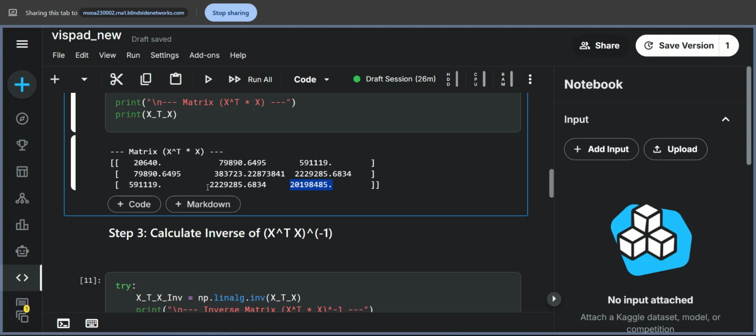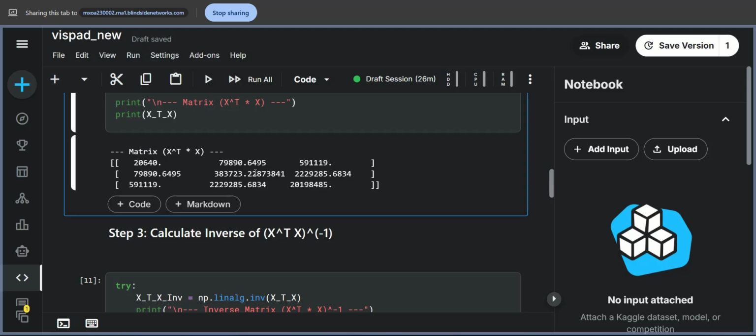So if you take another non-diagonal value like this, this is giving the relationship. It's the same over here.